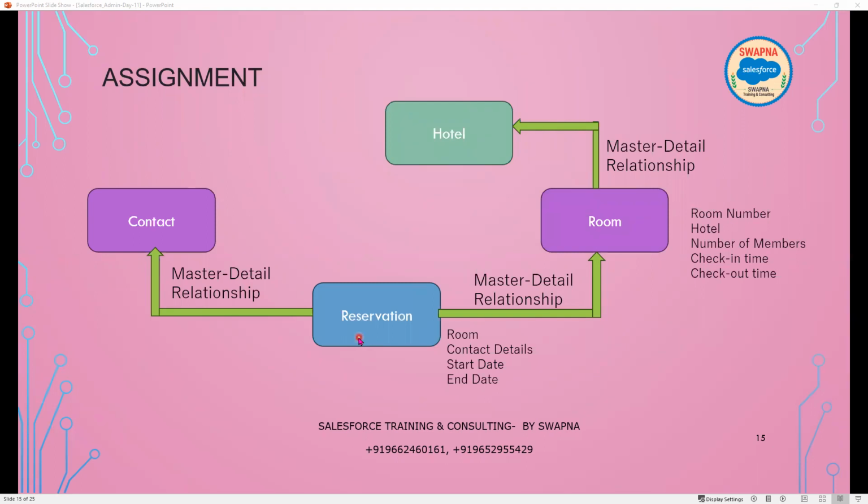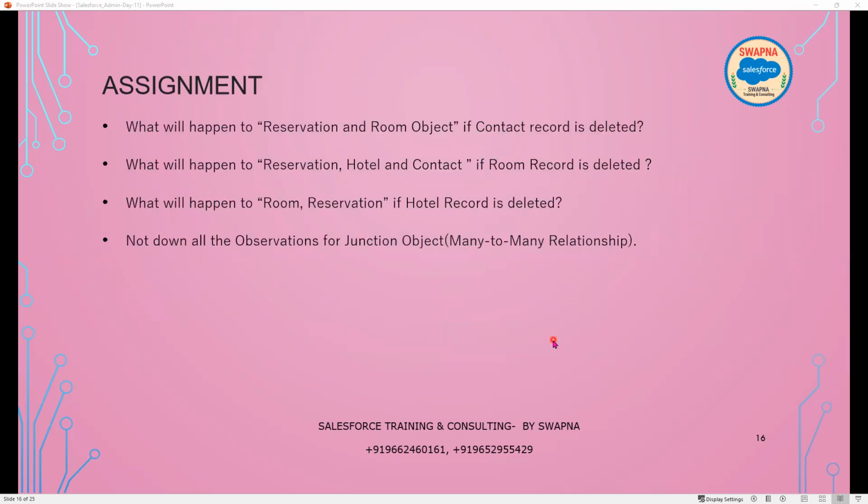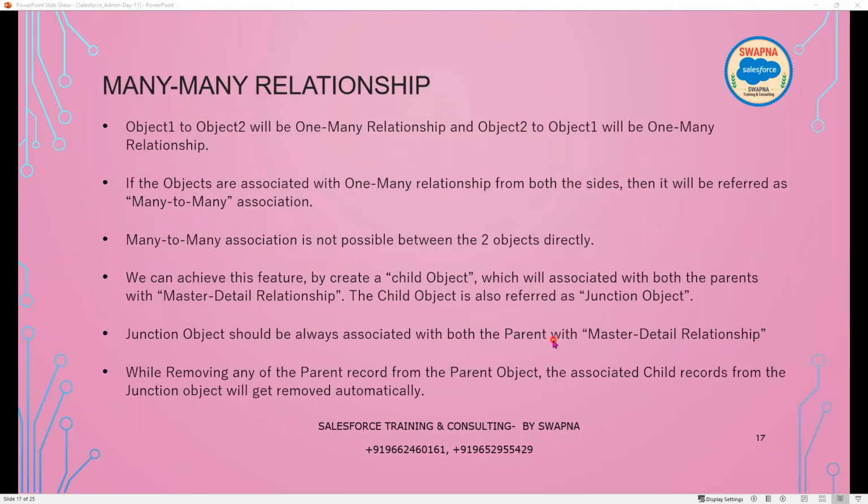There is a slight change, but you guys try it. In case there are any issues, we can discuss this assignment tomorrow. By default, the master detail relationship feature is that whenever we delete a parent record, child records get deleted automatically, right? Now take notes of it.